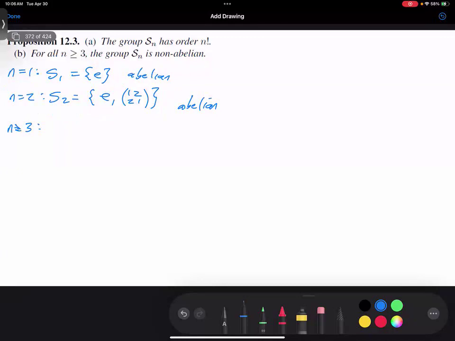And so if I can show that S3 is not abelian, I can actually extend that upwards. And what I'm going to do is look at 2 different elements, and I'm going to send 4, 5, 6, all the way up to n to itself.